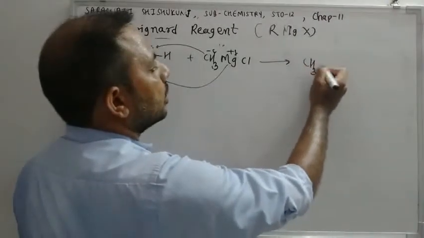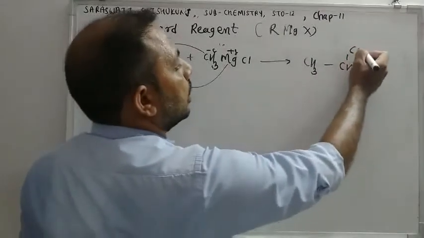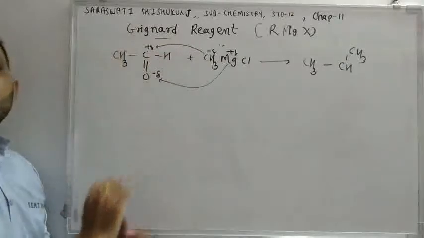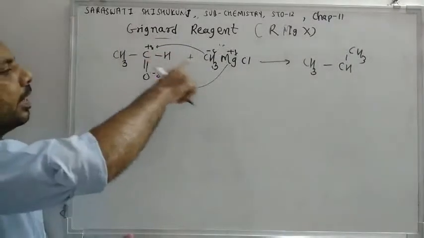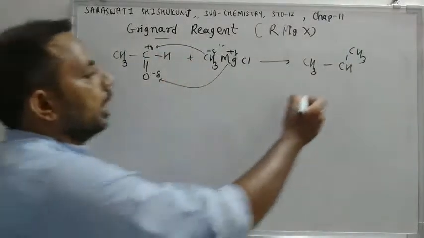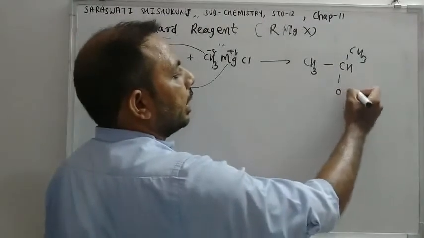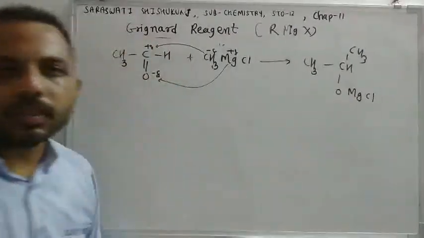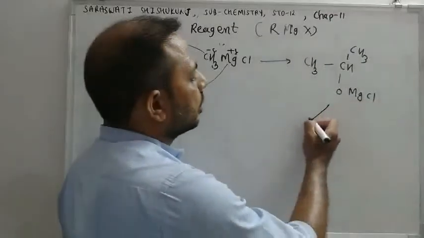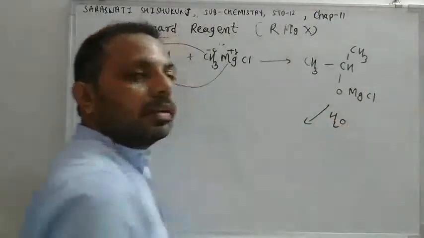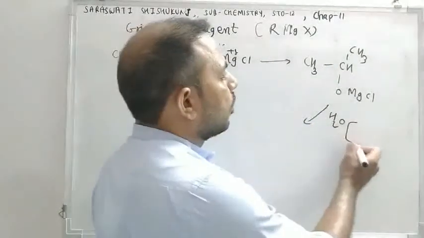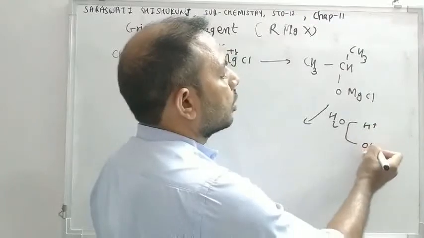So we will get CH3CH, and this CH3 will come over here. Carbon will be attracted by this CH3 group, and oxygen will be attracted by MgCl. The last step is hydrolysis, and again we write H2O in the form of H plus and OH minus.